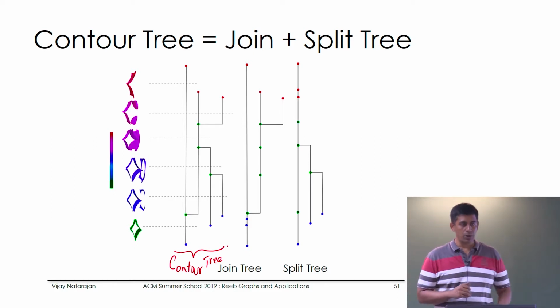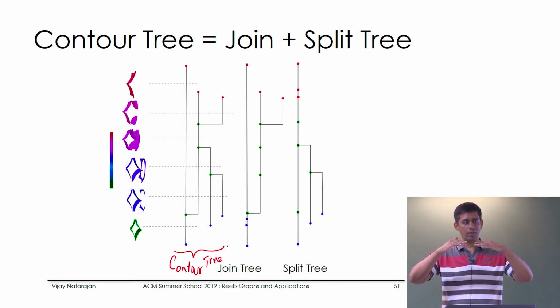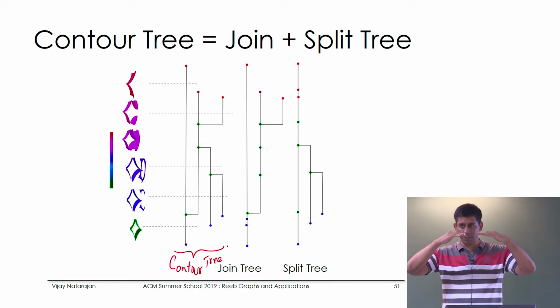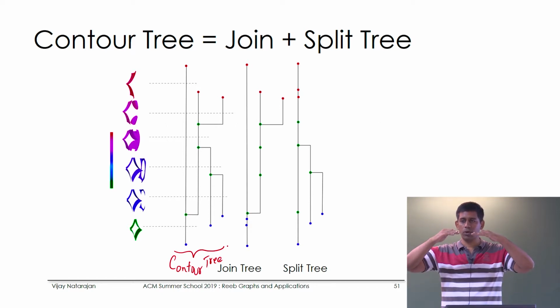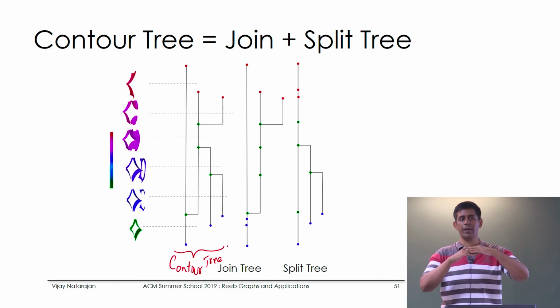For the contour tree, you sweep and you look at how the level sets are connected with each other. Now, instead you look at everything below you and see how that is connected. As you keep increasing function value, you look at the entire domain that you have swept so far and see how that is connected.